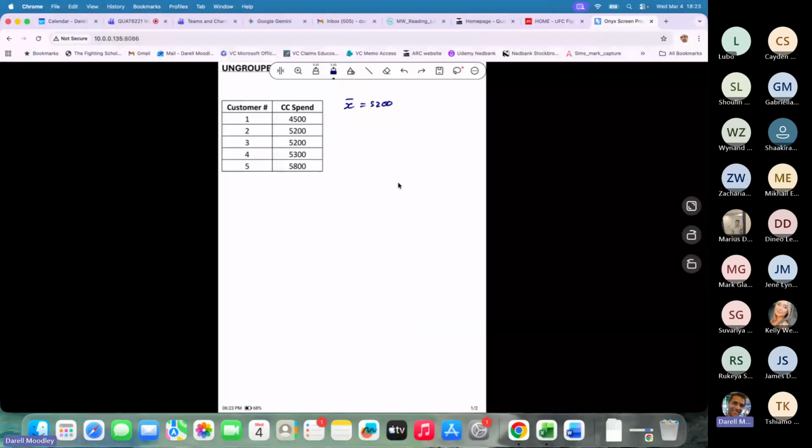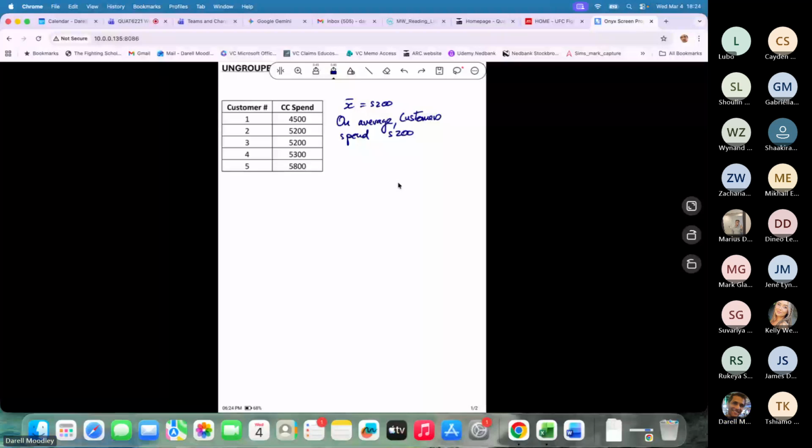And how we would interpret that is we would provide a statement and say, on average, customers spend 5,200. If the units were in rands, they never give us the units, but if it was in rands, we'll just say 5,200 rands. That's how you interpret it.